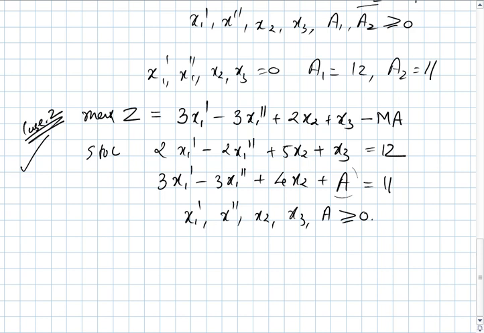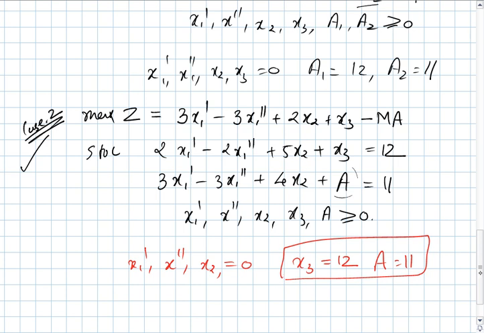To get the initial basic feasible solution, I am considering x1', x1'', x2 as 0. If that is the case, then x3 will be 12 and a will be 11. So in the basis you have x3 and a.